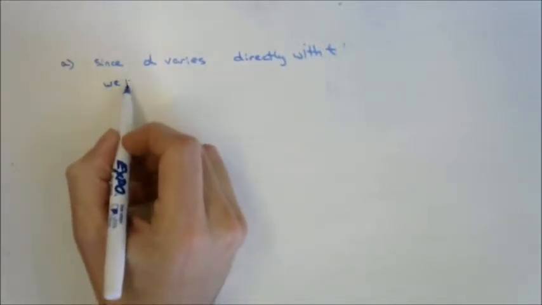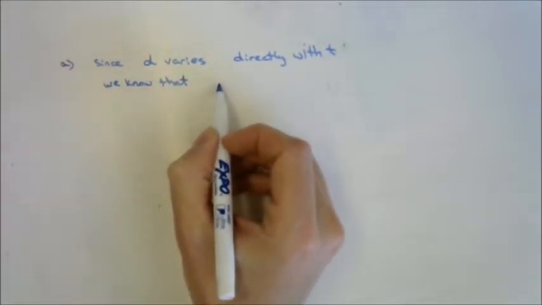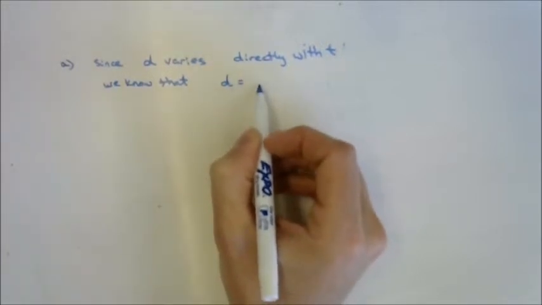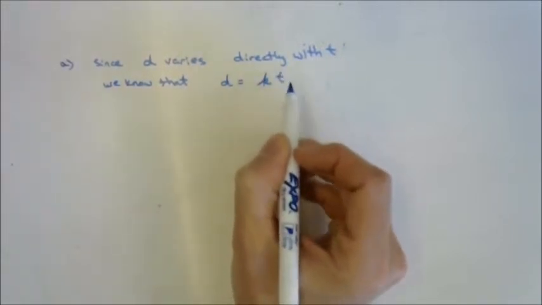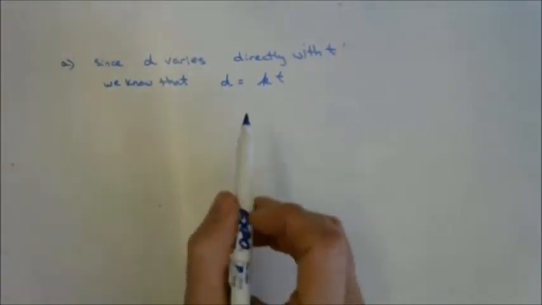We know that D equals K times T. How do we know that? Well, that was part of our definition for constant of variation when we did it at the top of page 7. So we know every single relation here.